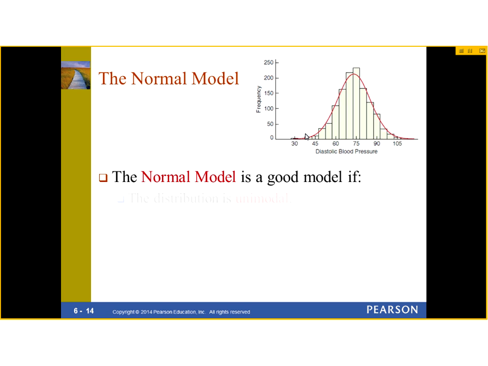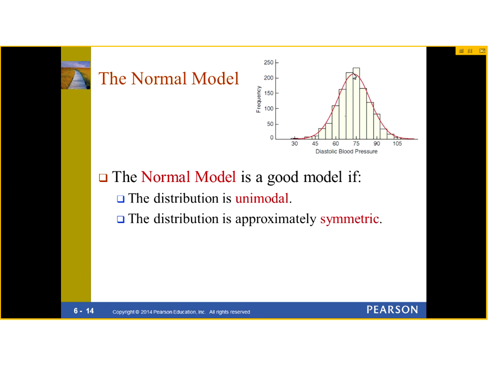You can use the normal model if the distribution is unimodal, which means it has one mode. Only one value pretty much occurs the most. It's approximately symmetric, so that means if you cut it in half and flipped one side onto the other, they would look the same.